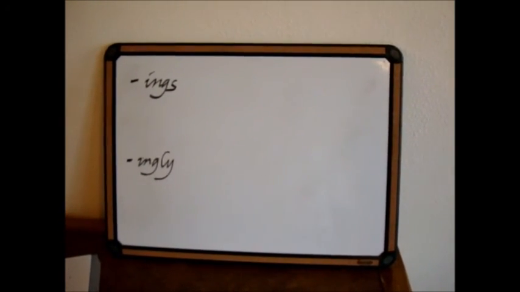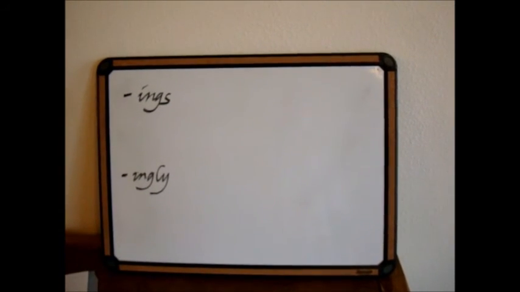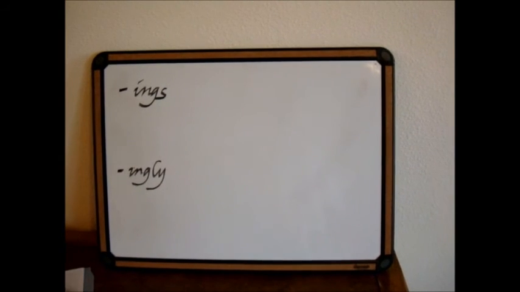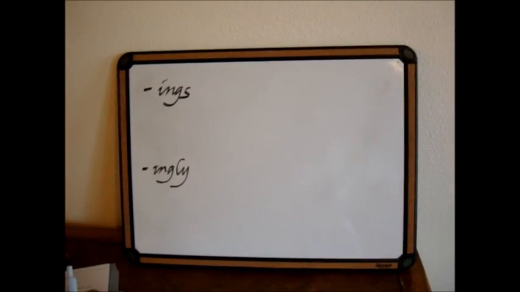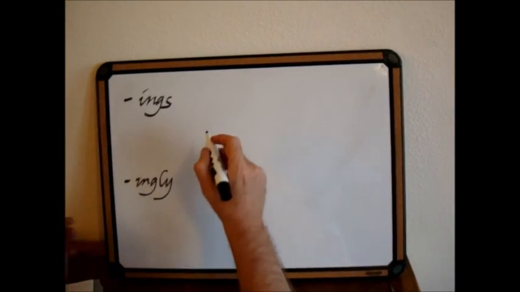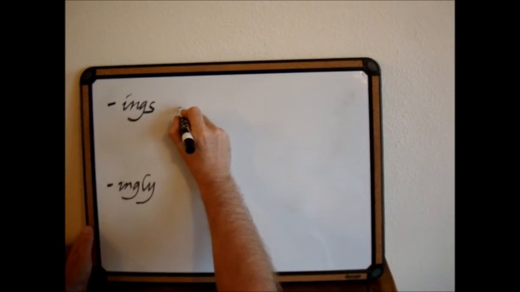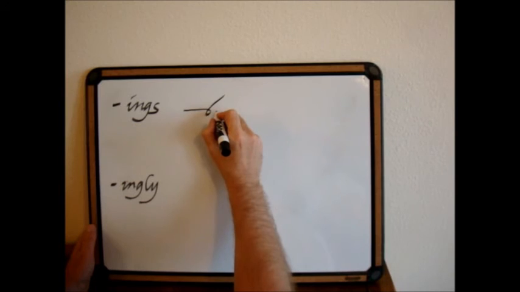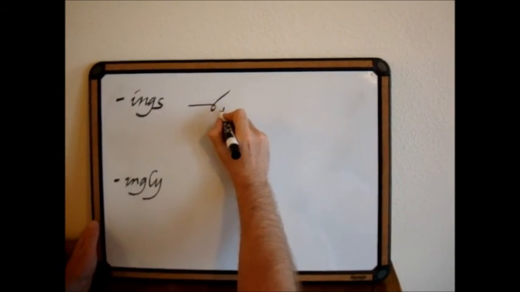This first one that we're going to look at is two variants of the ing dot that comes at the end of a word. The first will be if you have ings, like meetings. Meetings is going to be meet, and then instead of the ing dot, we're just going to put an S down there.